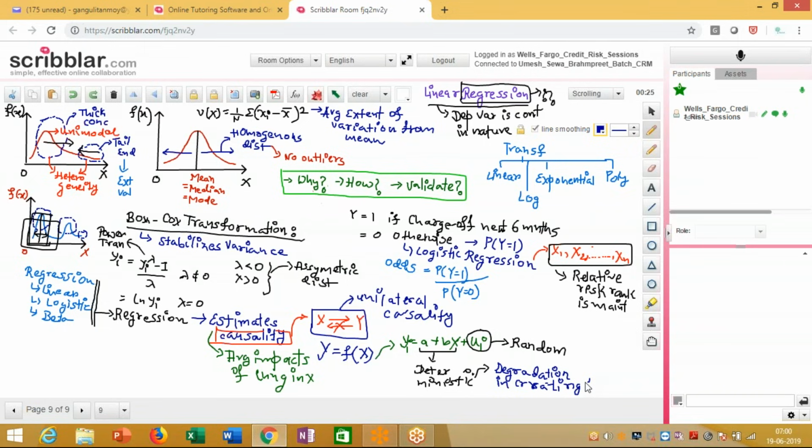Now, the next thing I have over here: once you talk about degradation in credit rating, similarly there would be degradation in their financial standards. So in some of the financial ratios, what are the key financial ratios that we can look into?